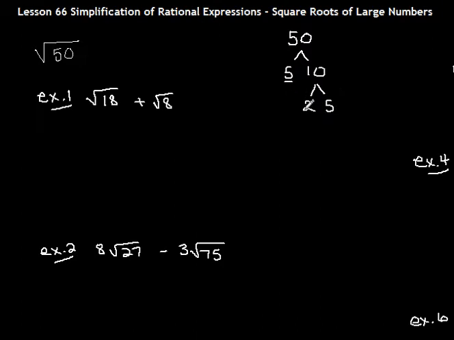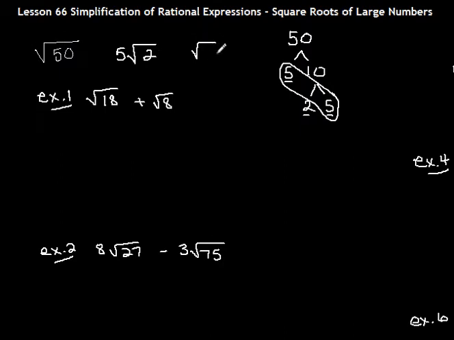Once we get it totally prime factored, you can circle the pair. If there is a pair, that would be your perfect square. So you take out the 5 and you're left with the one that's not a pair, which would be the square root of 2.